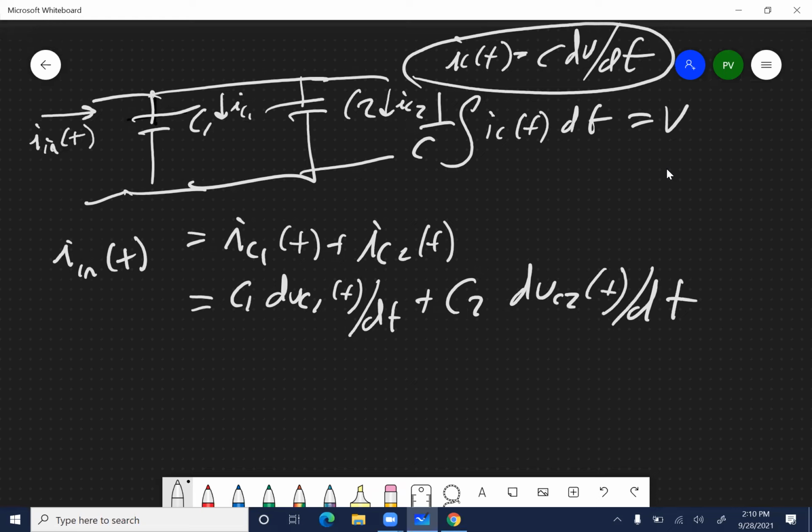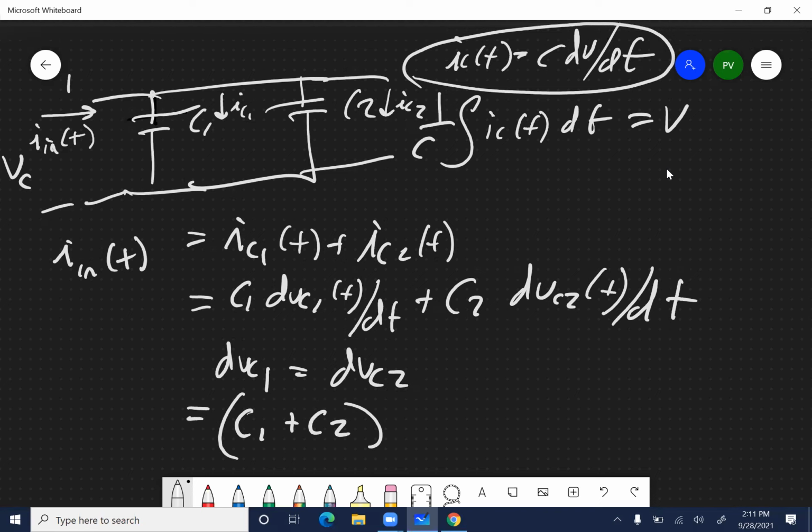And now what we've noticed is the voltage across those two capacitors is just VC. Because it's a common node, it's exactly the same voltage. So that means that dVC1 equals dVC2. So this becomes C1 plus C2 times the derivative of our common voltage.